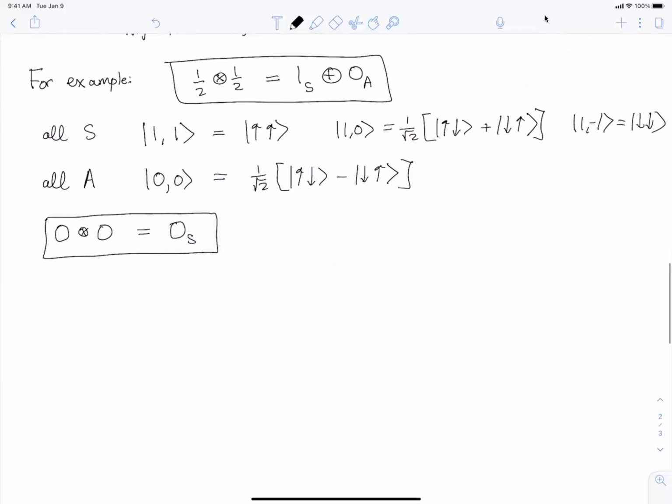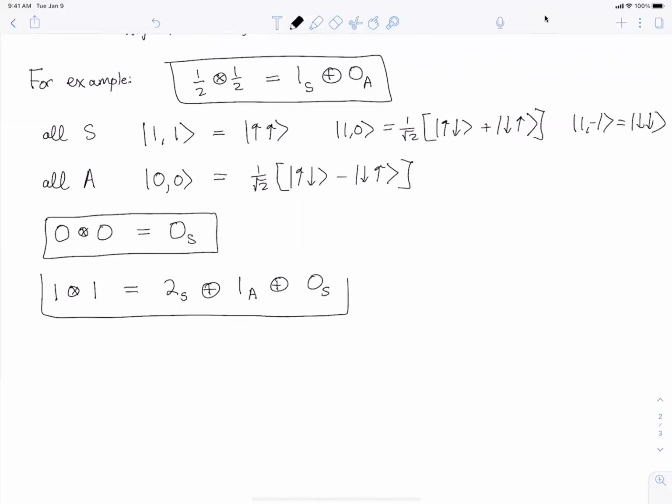So that was too trivial. Now we can do, for example, spin 1, tensor product spin 1, or just any angular momentum across the same angular momentum. And the rule tells us this is going to be spin 2, or angular momentum 2, symmetrically, plus 1 anti-symmetrically, plus 0 symmetrically.